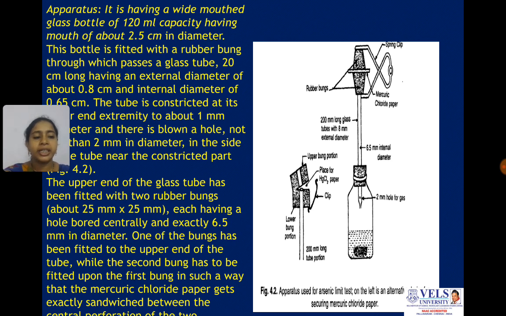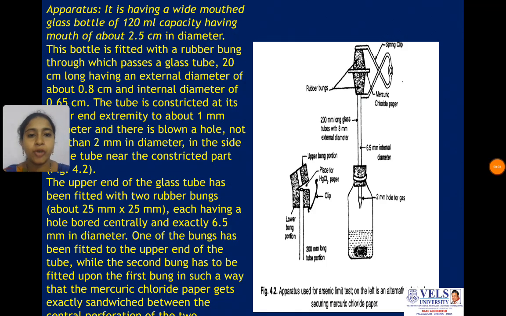So all the ingredients required for the limit test for arsenic, that is the arsenic sample, zinc, stannous chloride, everything is added in this 120 ml capacity bottle. When the reaction occurs, the gases which are evolved, especially arsine gas, pass through this narrow tube 20 centimeters long, and the gas enters the mercuric chloride paper which stains it.